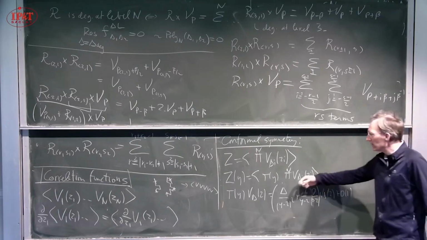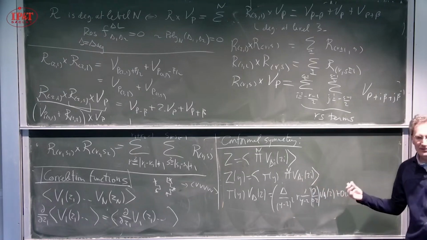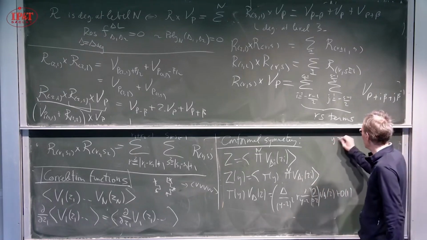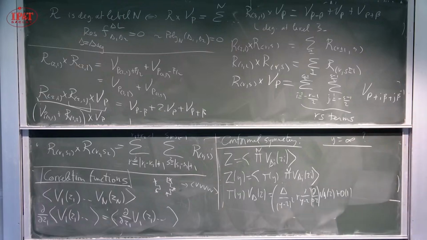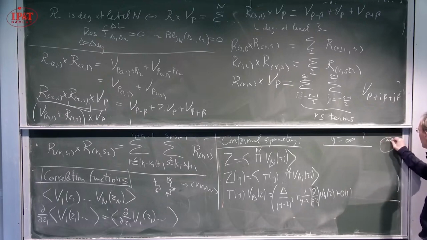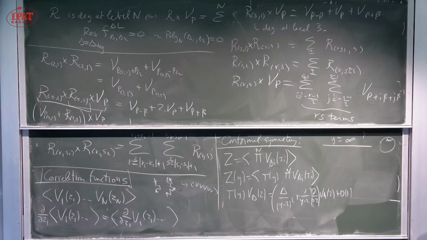But to completely determine Z(y), you also need to know what happens at y equals infinity. Now, we assume we live on the Riemann sphere. So infinity is just one point like any other point. You can exchange it with another point by some conformal transformation. So nothing special should happen at infinity.